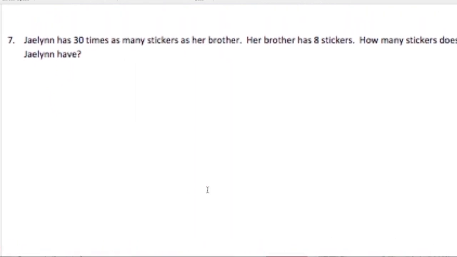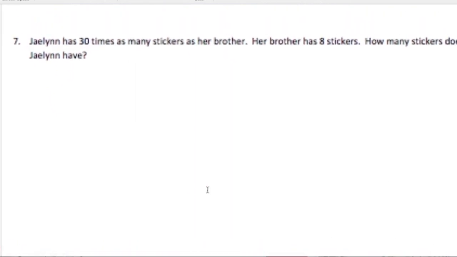All right. Number 7. Jalen has 30 times as many stickers as his brother. His brother has 8 stickers. How many stickers does Jalen have? So we need to figure out how many Jalen has. We do not know Jalen.